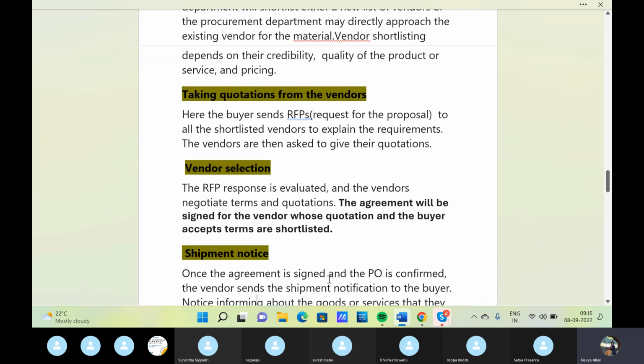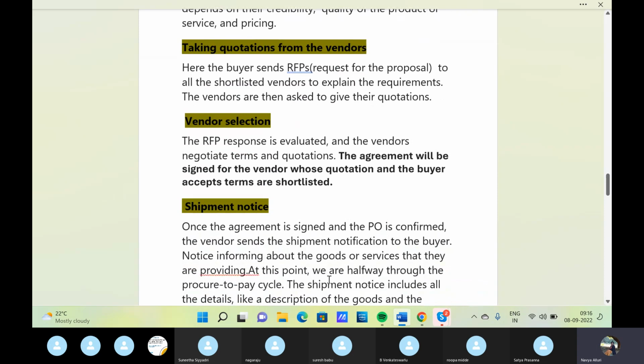After that, vendor selection. Vendor selection is nothing but, after all those steps are completed, the vendor will agree with the company, because the company has already finalized the vendor.